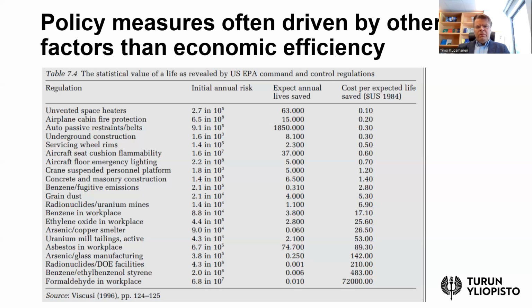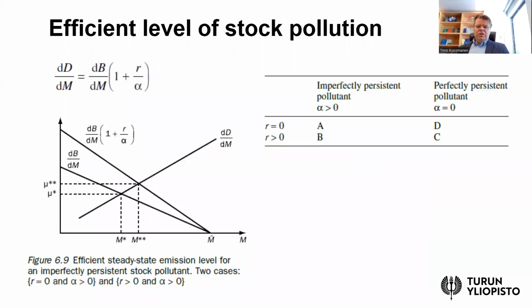So obviously, of course, we also need information and multidisciplinary collaboration, for example, to find out what the decay rate is. So natural scientists would be needed. We also need a broader societal discussion about what is the appropriate discount rate. So I do not mean that economists should be alone determining the efficient level of pollution.